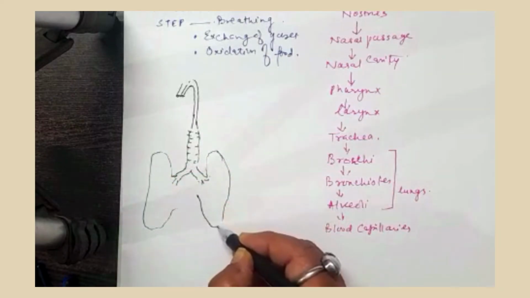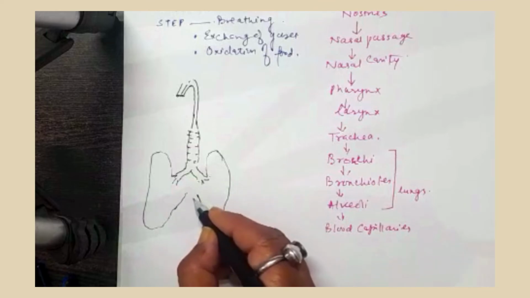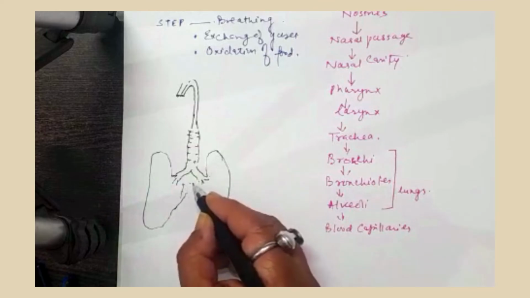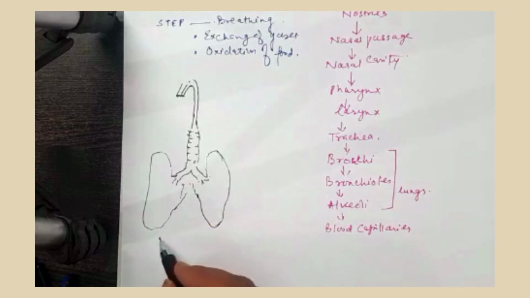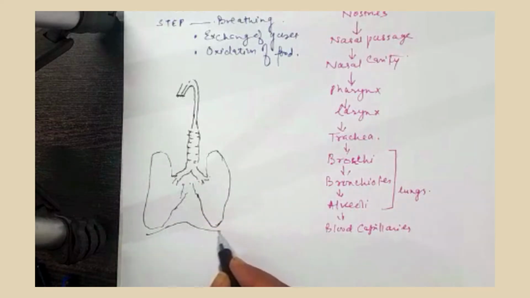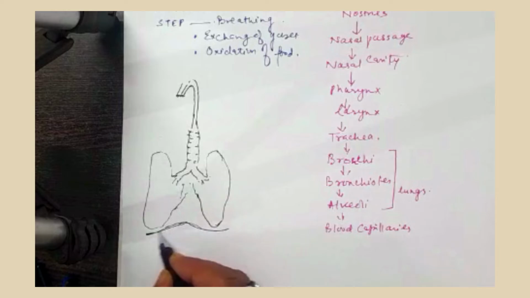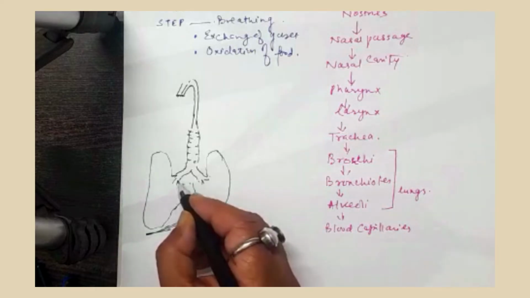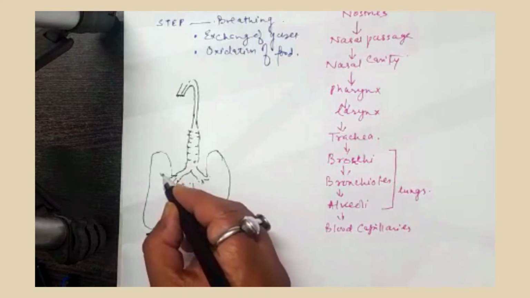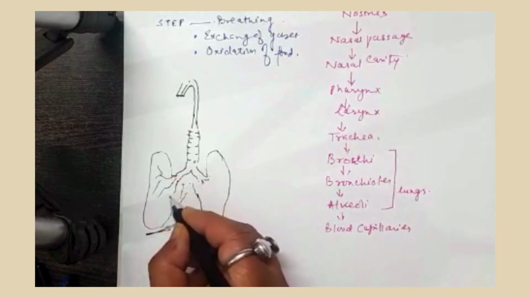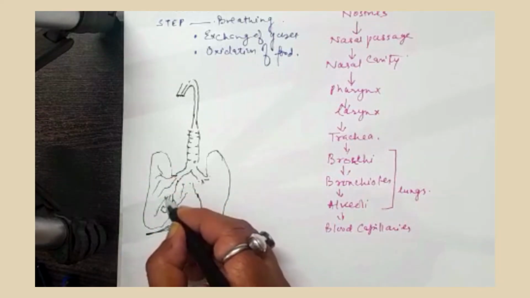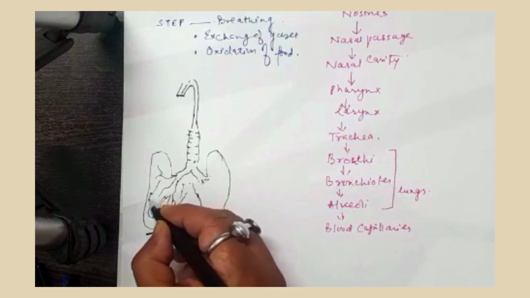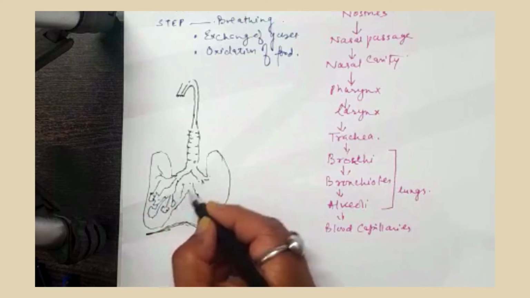And here is the diaphragm. It enters like this into the lungs, and then it diverges into alveoli.